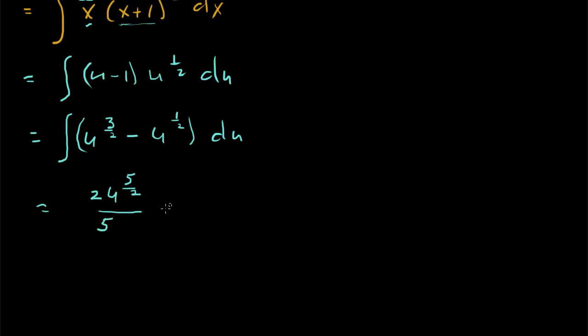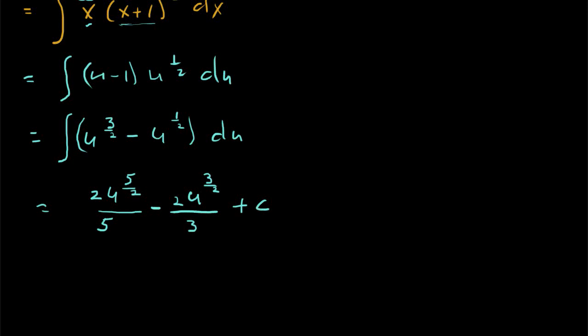And then moving over to the second term, we'll increase u to the 1/2 power by 2/2. That'll give us u to the 3/2 power, and then divide by 3/2, which is the same thing as multiplying times 2/3. And we have a minus sign in there. And because we're talking about an indefinite integral, we need to remember to put plus c.